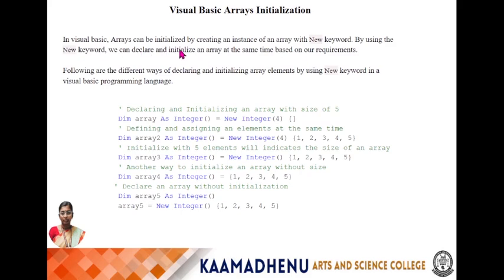In Visual Basic, arrays can be initialized by creating an instance of an array with the new keyword. By using the new keyword, we can declare and initialize an array at the same time based on our requirements. Following are the different ways of declaring and initializing array elements by using the new keyword in the Visual Basic programming language.